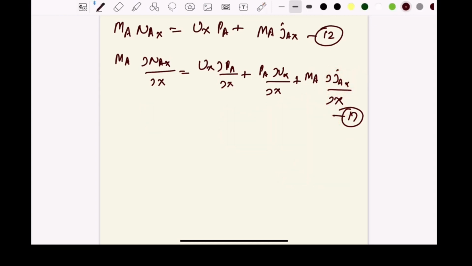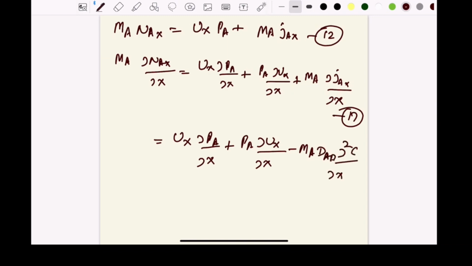So it becomes ux ∂ρA/∂x plus ρA ∂ux/∂x minus MA DAB ∂²C/∂x². This is equation number 18.